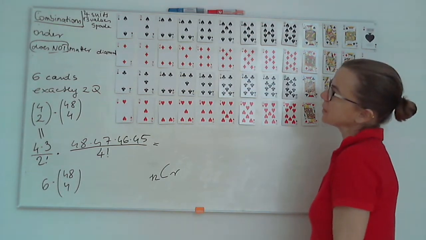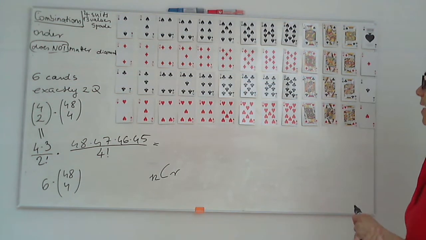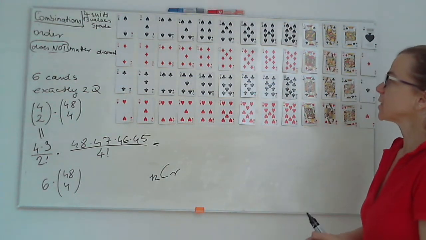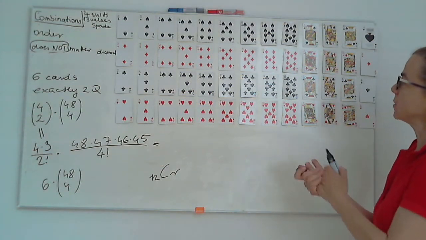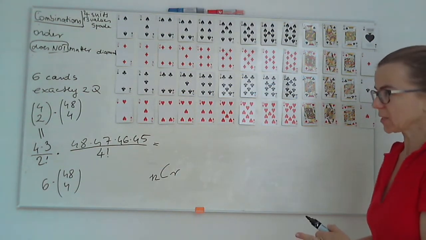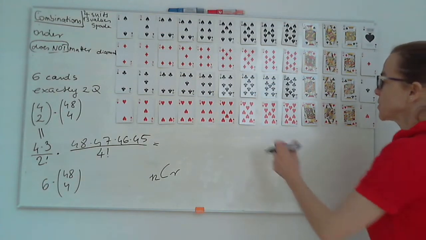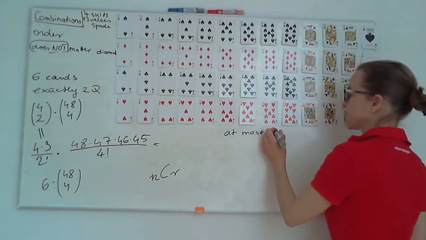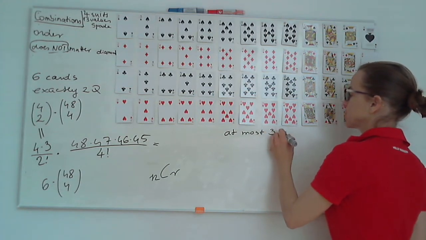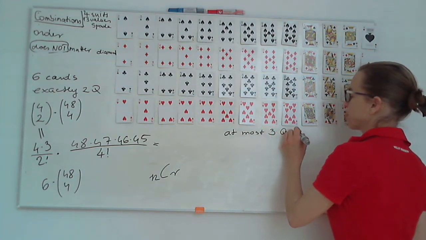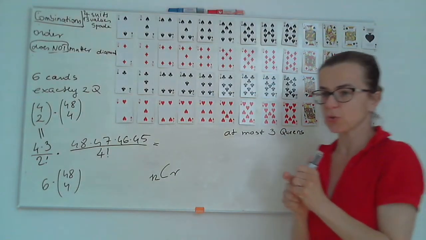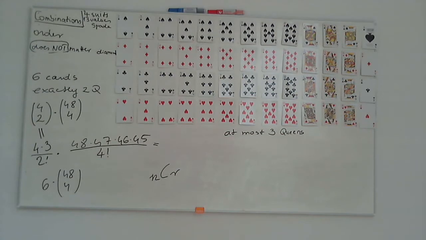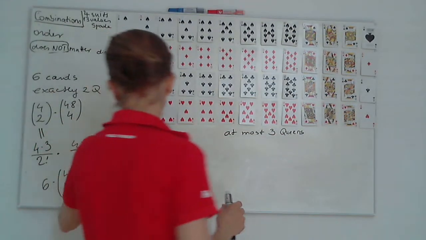Okay, let's see one more example. Let's say that in this case, again, you have 6 cards and you want to have at most 3 queens, still queens. Now, we have 2 options, as you probably all know by now. Either we calculate the good cases or we calculate the bad cases.